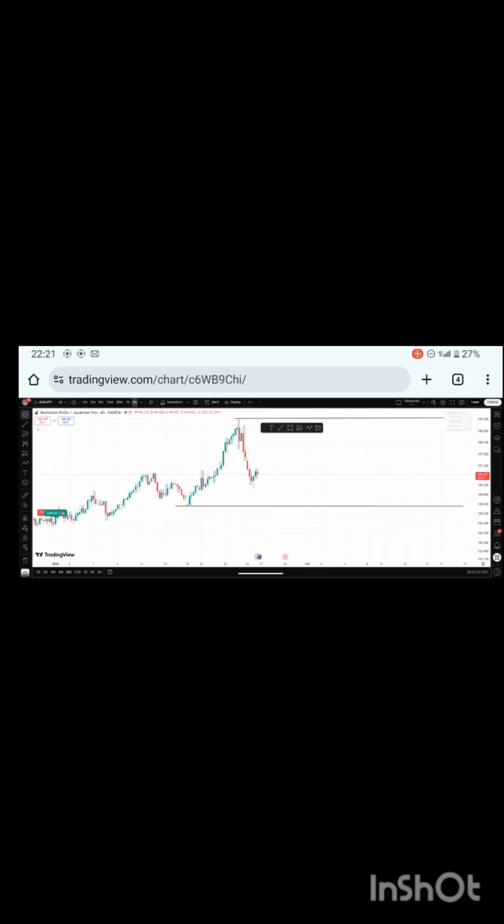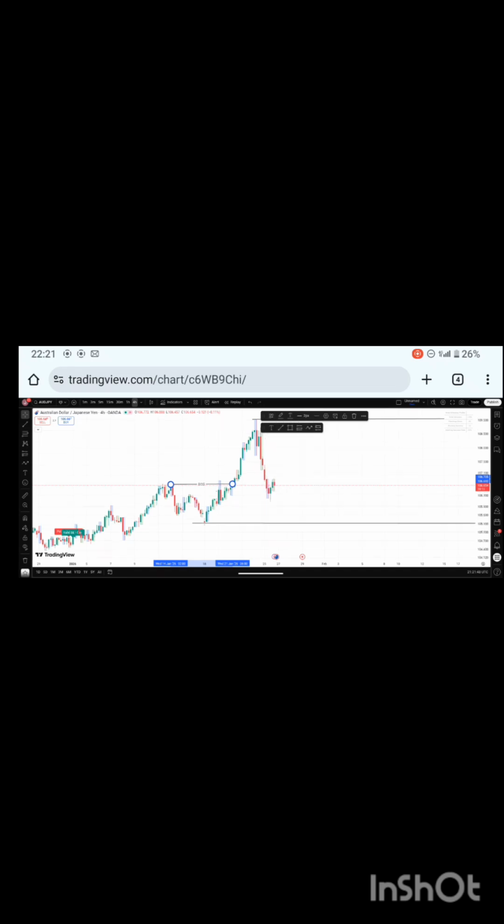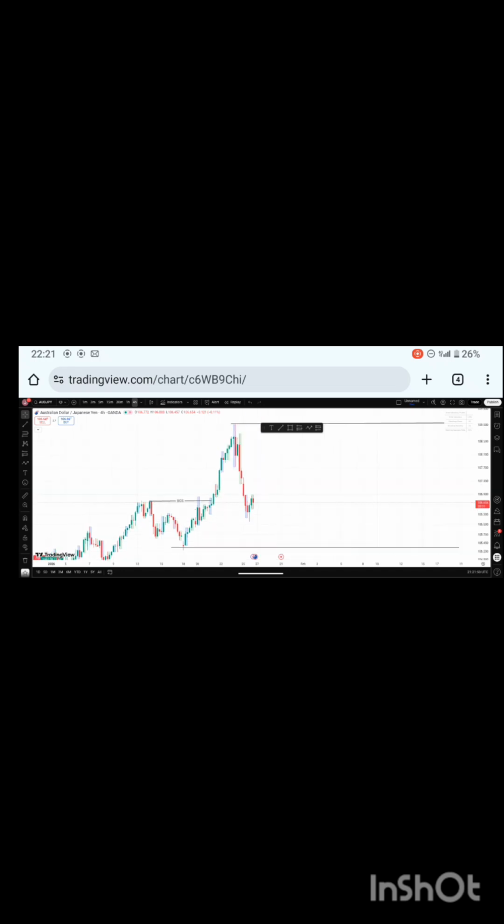This was the last break of structure, which is from this point to here, as you can clearly see on the 4-hour time frame. So this is my protected low, and this is my targeted high, up there.